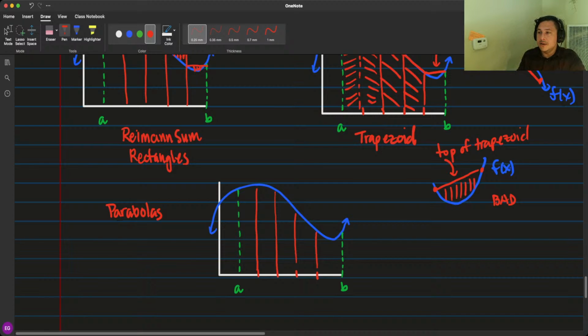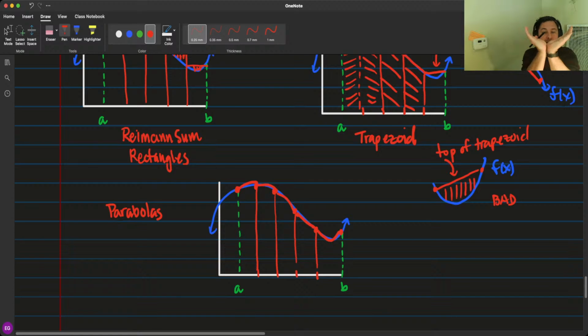I'm going to choose these 2 points, and draw a parabola through it. And I'm going to choose these 2 points, and draw a parabola through it, and so on for the rest.